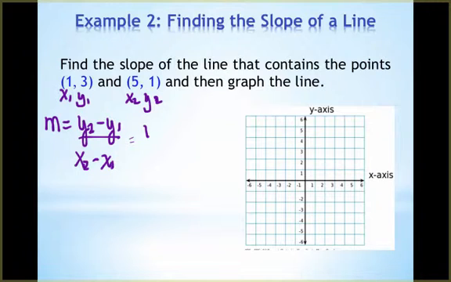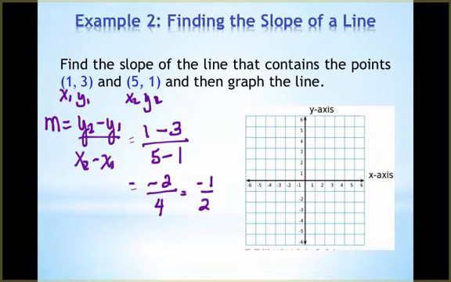So I'm going to have 1 minus 3 over 5 minus 1. 1 minus 3 is -2. 5 minus 1 is +4. So that actually simplifies to -1/2. So then I would say that my slope would equal negative 1/2. So now let's look at this graphically.